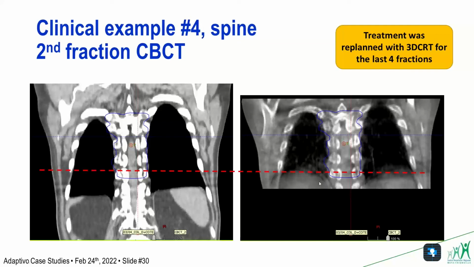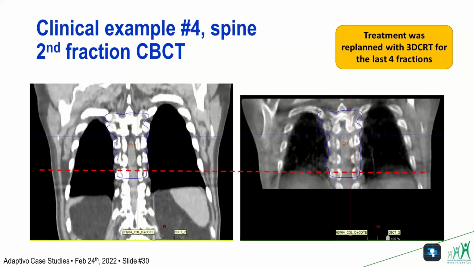At this point, we decided to quickly replan using 3D CRT for the last 4 fractions. And because I told you that for 3D CRT, we still use our old diode measurement system, I do not have the result to show you.